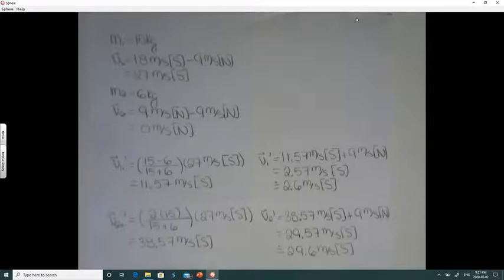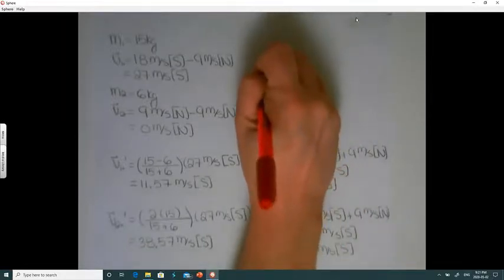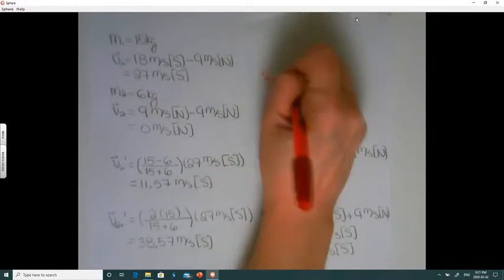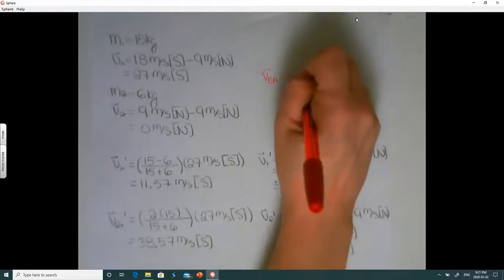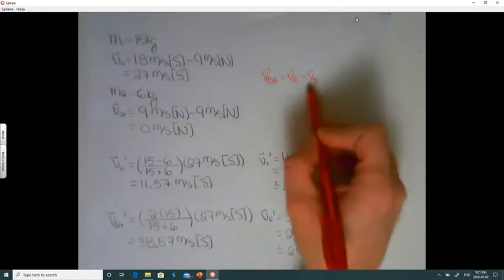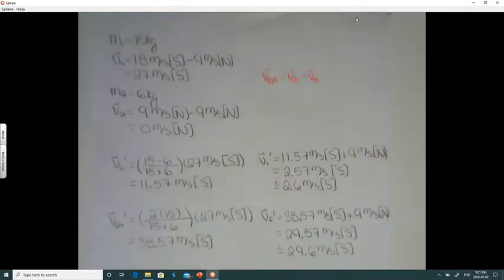Now, in order to use specialized equation set 1, we need one of those two objects to initially be at rest. So what I'm going to do is figure out the relative velocity of one of these objects relative to itself. If you remember from relative velocity, we know that the velocity of, say, object B relative to object A is the velocity of object B minus the velocity of object A, where these velocities are given with respect to the same frame of reference, usually the ground.